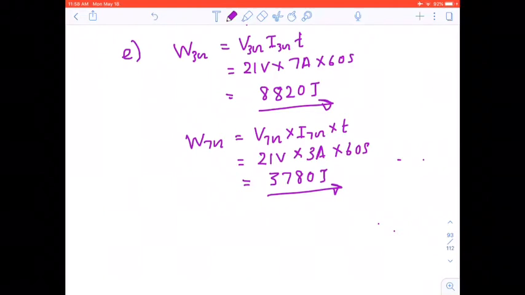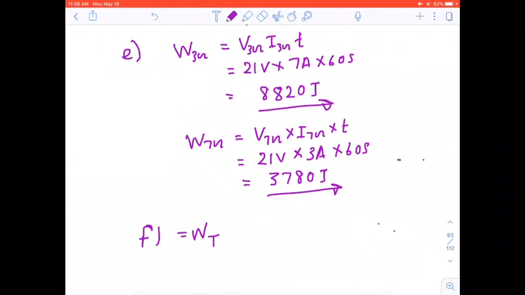We know how much work was done in the individual elements, but let's look at it this way.